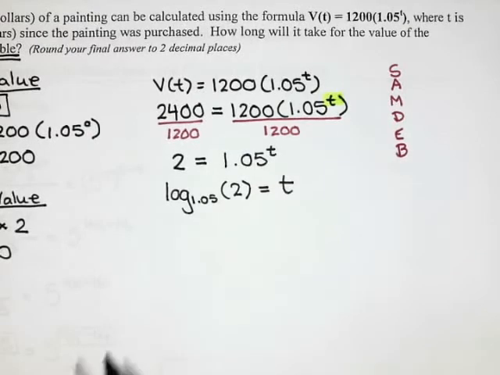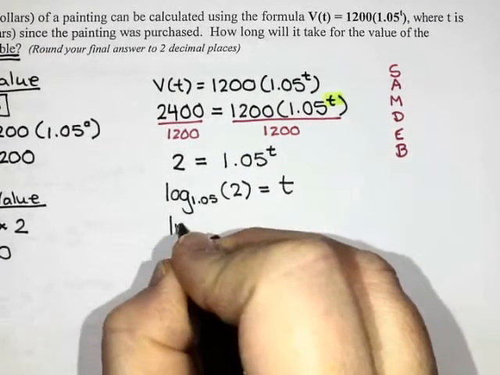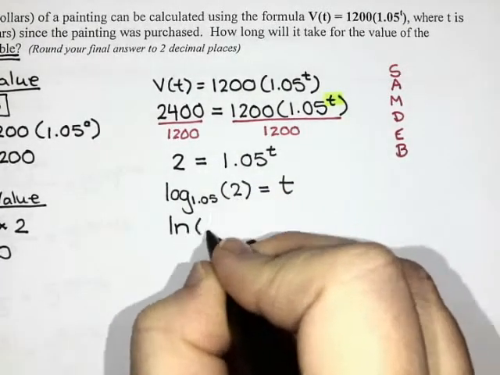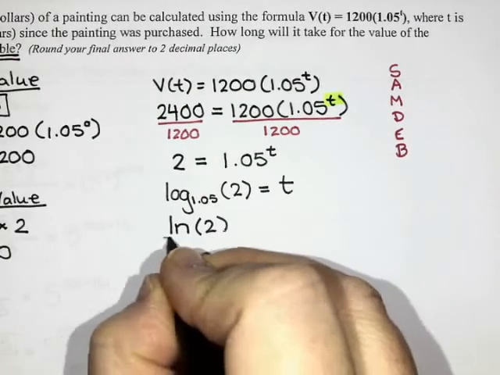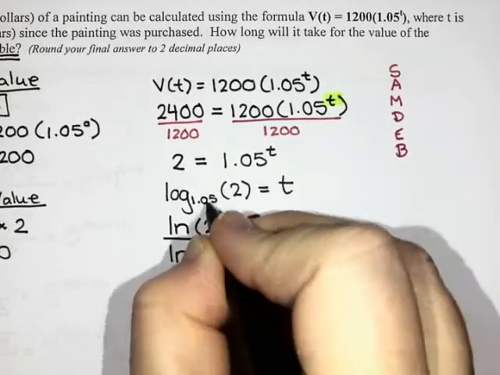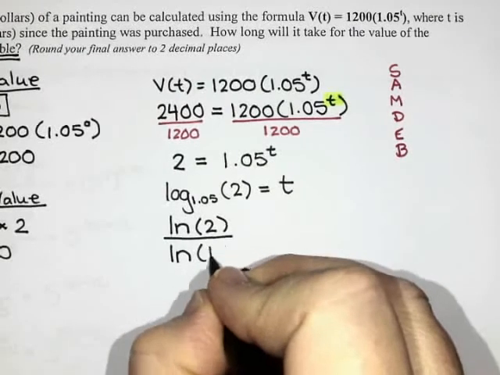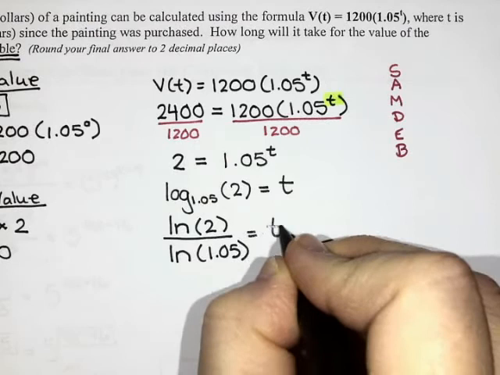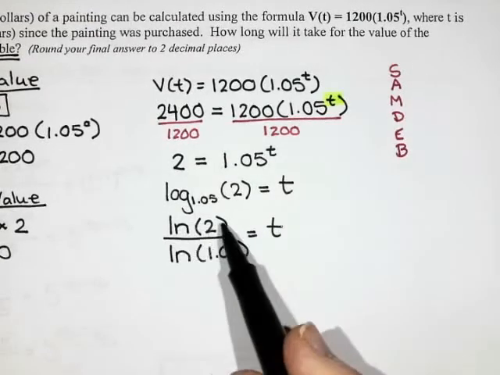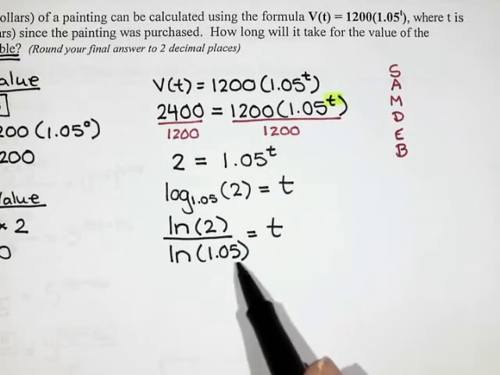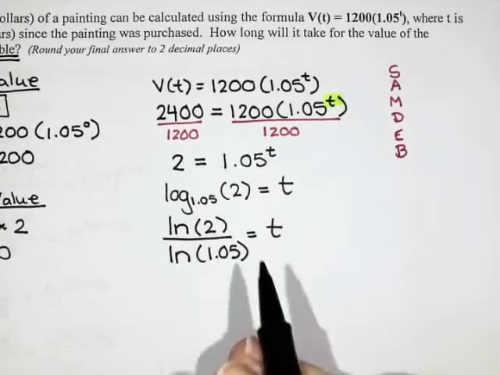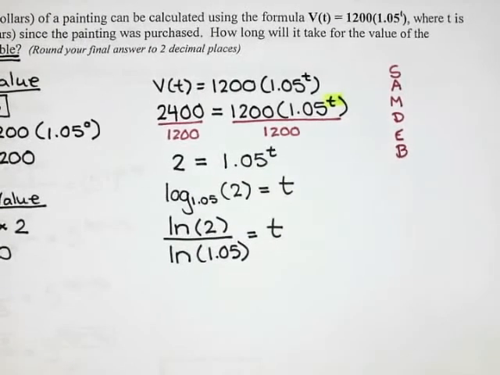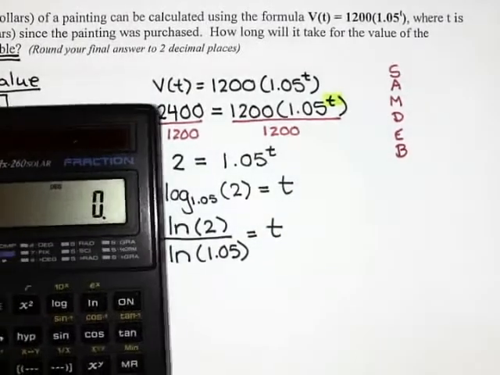I like ln, so I'm going to do ln of the argument 2 divided by ln of my old base, 1.05. If you didn't want to use ln, you could do the same thing, but with log 2 divided by log of 1.05. You can actually do any base that you want, but ln and log are the ones that my calculator knows how to do.